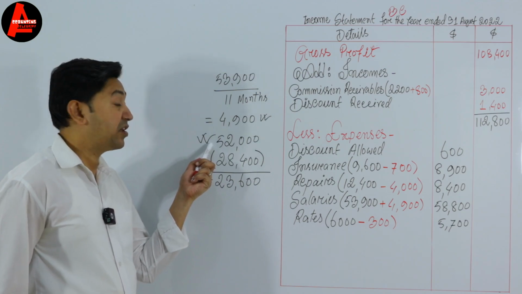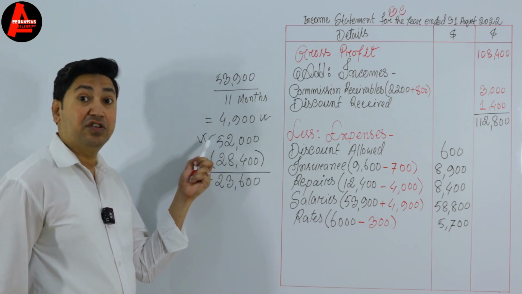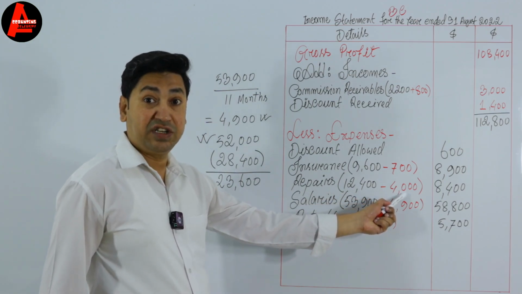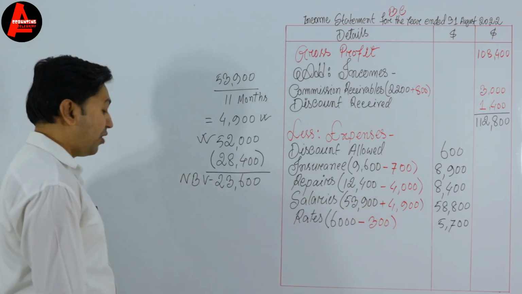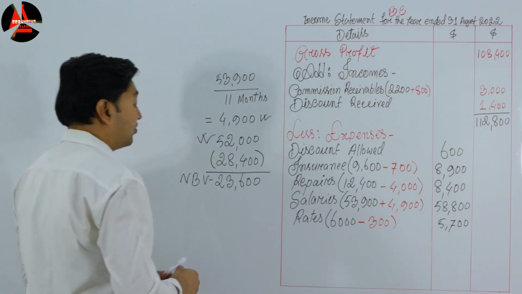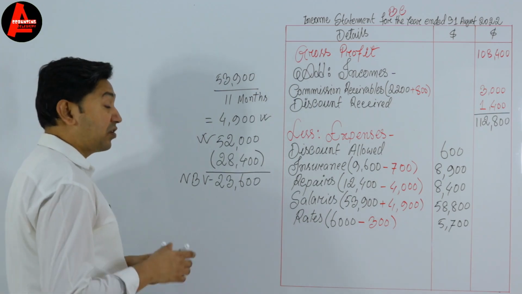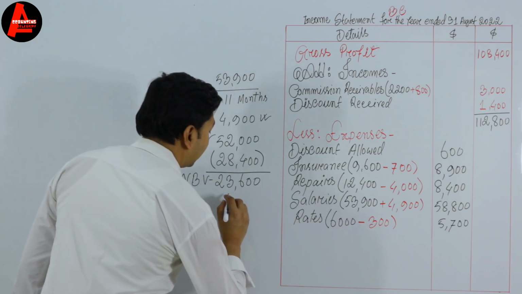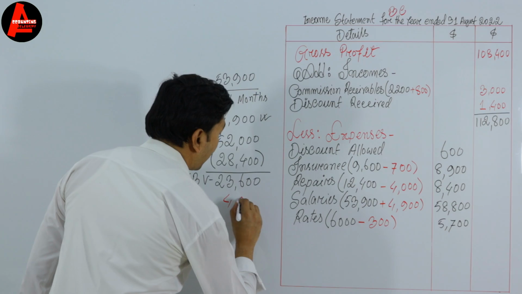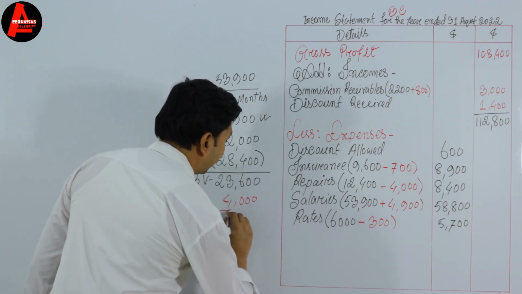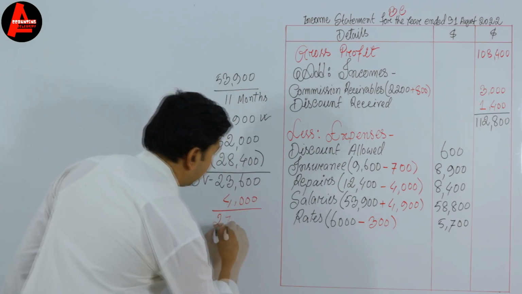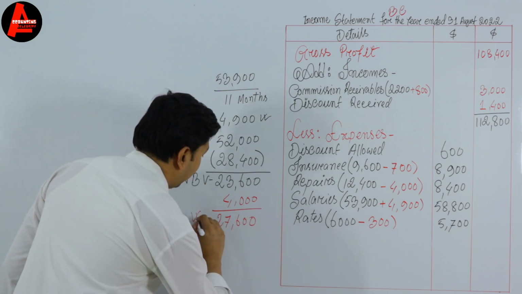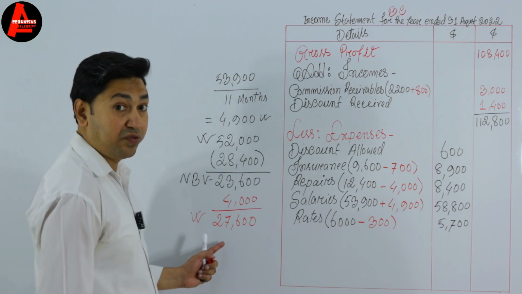The cost price was $52,000. So now it is a new addition to machinery. So this amount will be added here to calculate the total net book value of machinery. If we sum up 4,000, we get $27,600. That is the net book value we found.